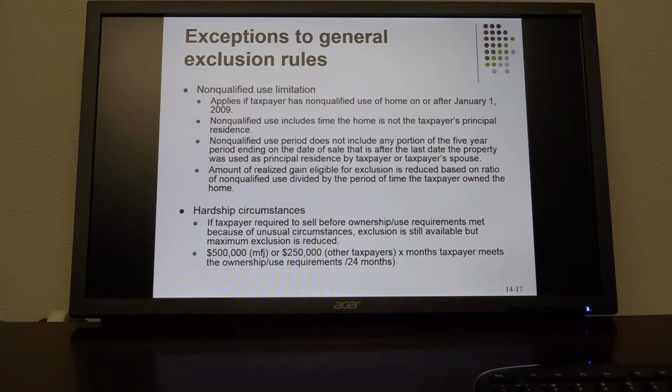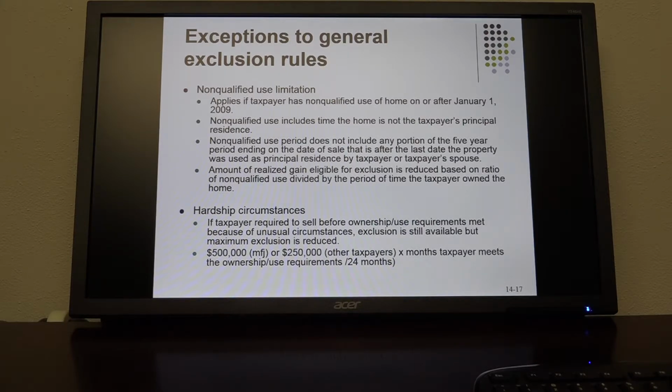Well, what happens if you don't meet this ownership and use test? What if you buy a home, and I mainly want to focus on this hardship circumstances.